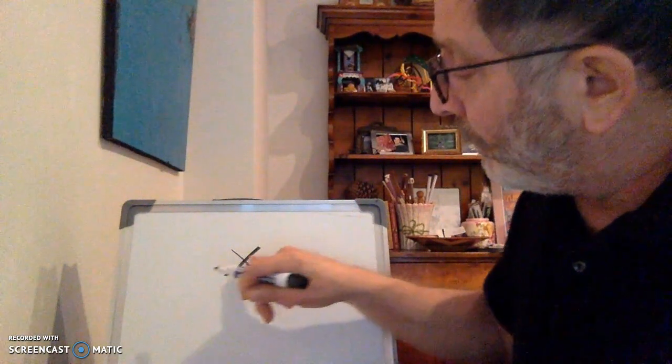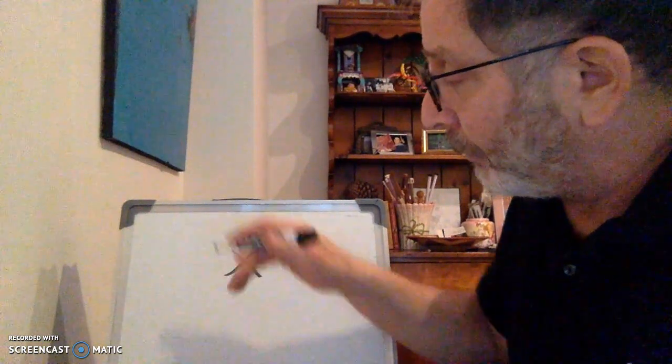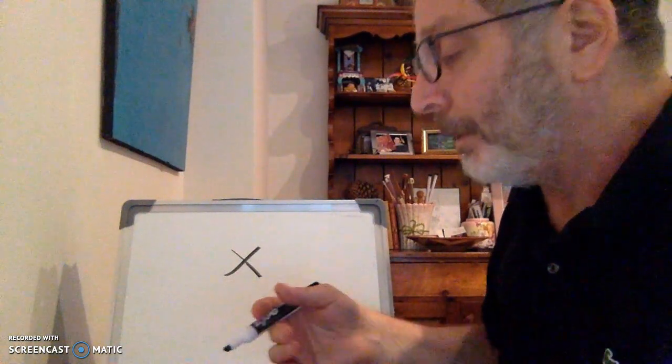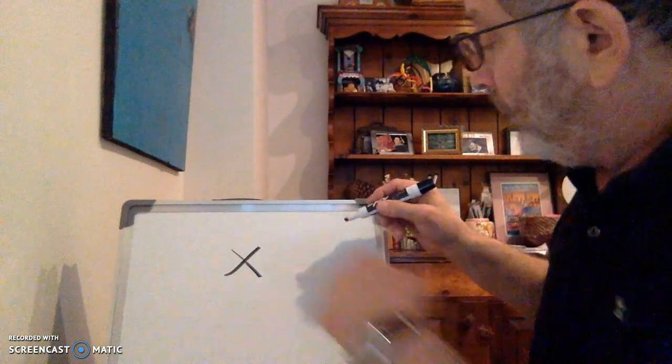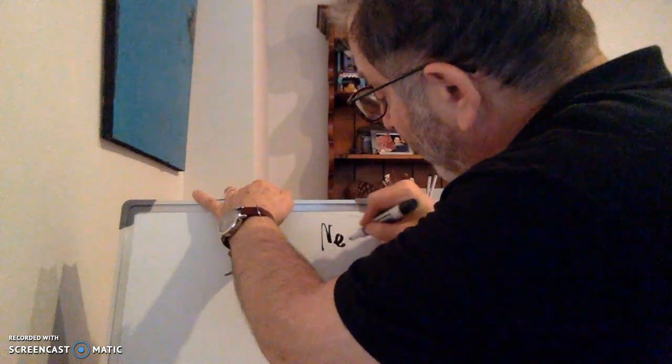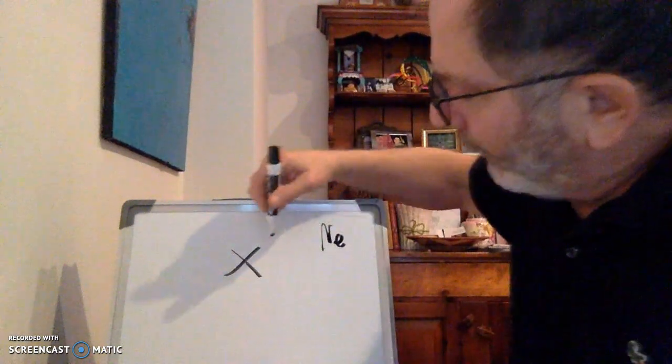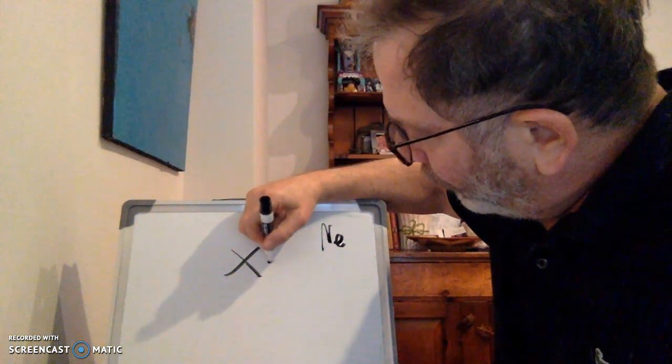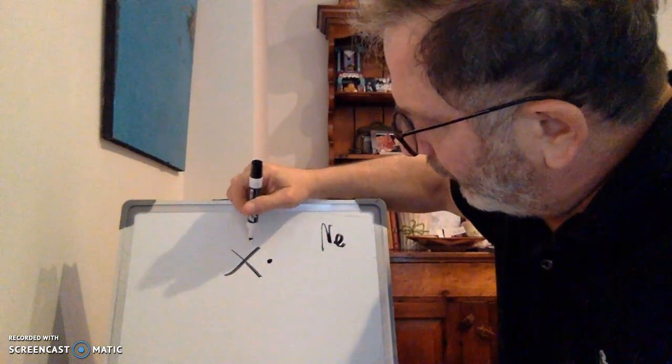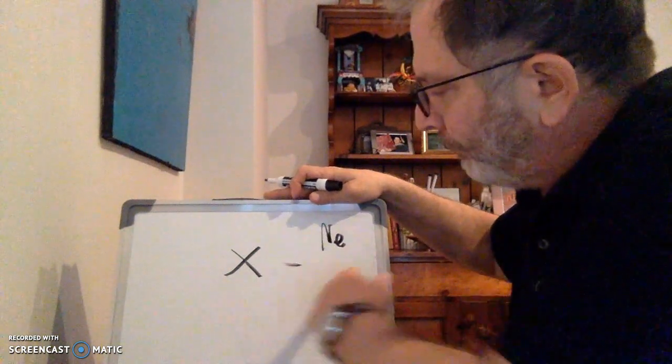All right, so anyway, here's element X. It could be anything. Could be carbon, could be hydrogen, could be an element with 2 letters in its symbol like Ne, which is neon. We write 1 dot for 1 valence electron. Let me say it again.